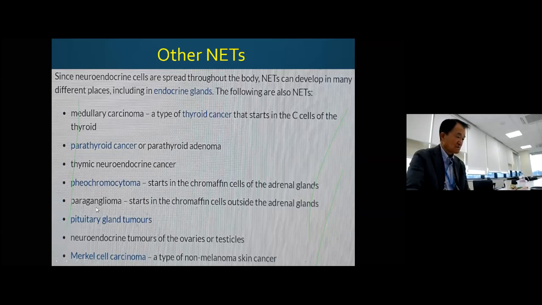The paraganglioma is extra-adrenal, the same tumor. In the old days we called it a precursor of pheochromocytoma, outside the adrenal but with the same pathology. So we use MIBG to diagnose and treat pheochromocytoma or paraganglioma.